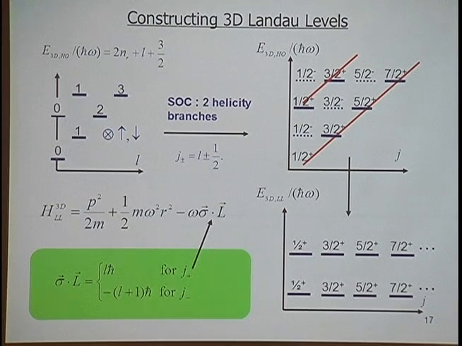But if you look at the spectrum along this red line in the diagonal way, we get Landau levels. Why we can do that is also because of the spin-orbit coupling term. The sigma dot L has two different eigenvalues. Both of them are proportional to L, and we choose the positive sign or negative sign for the positive helicity sector or negative helicity sector. And here, for example, if we choose the sign to be negative, it is the positive helicity sector, and the spectrum becomes flat.